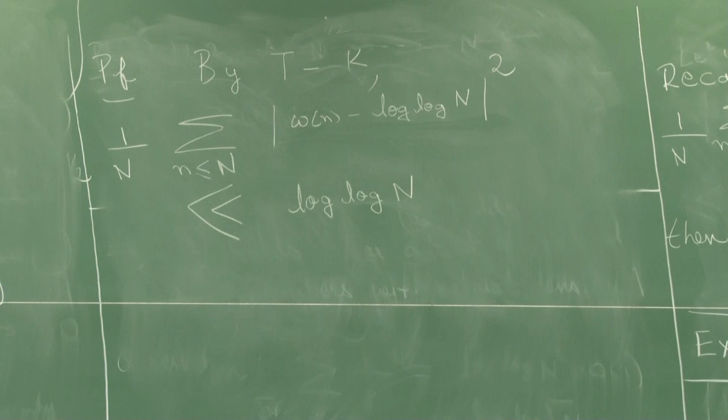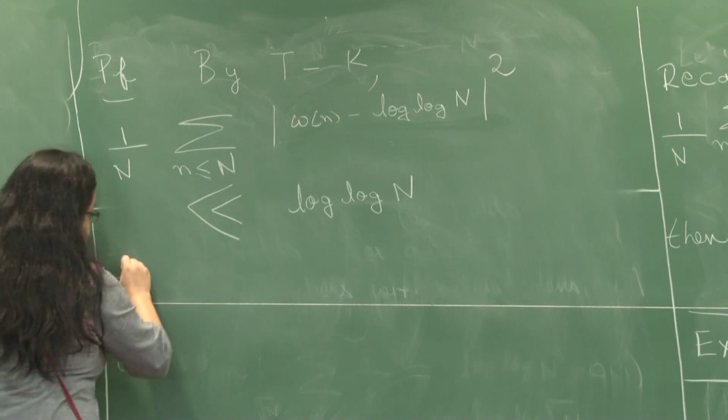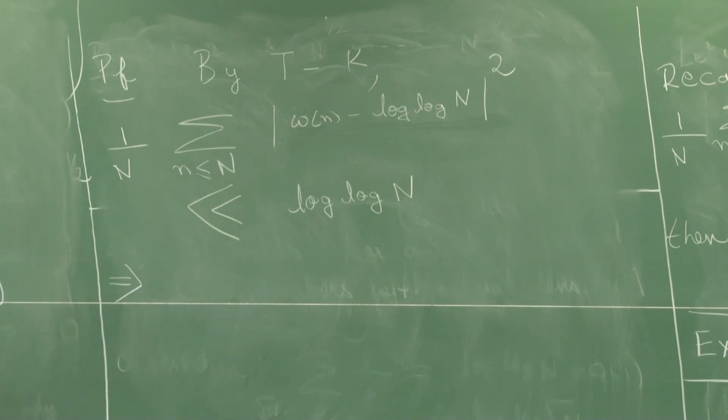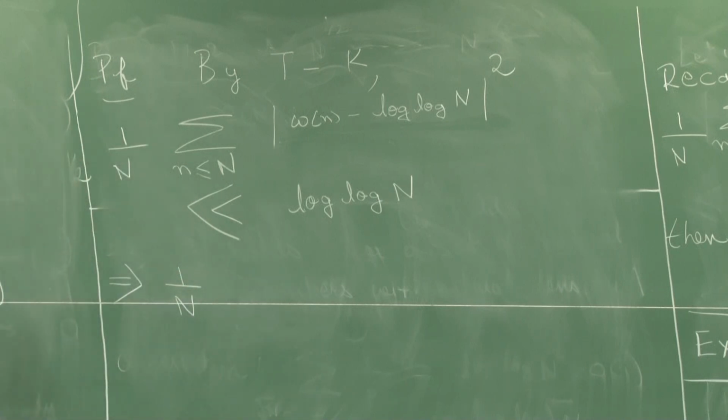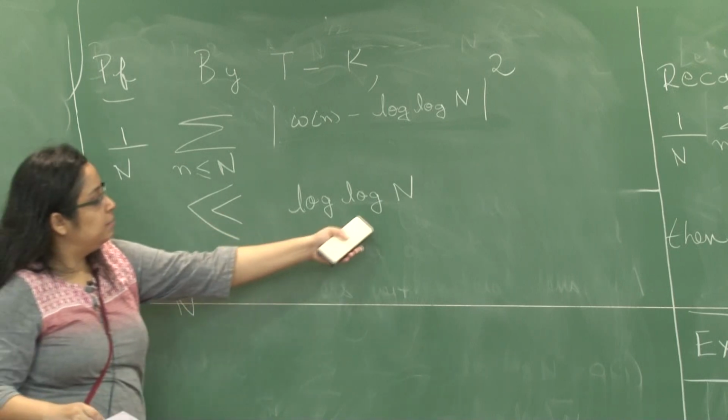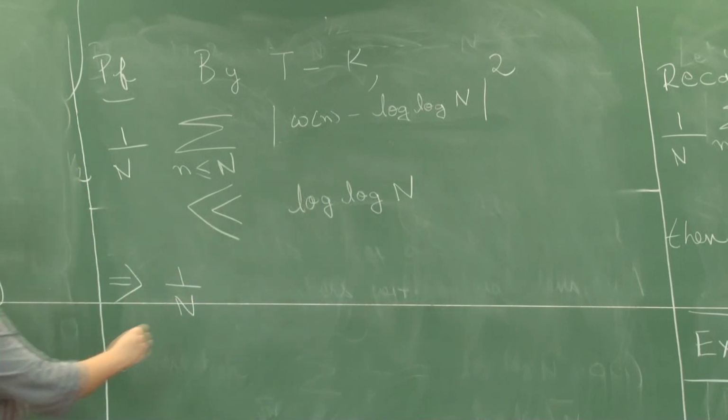So in other words, what this is telling you is that 1 over n, suppose I bring this back to the left hand side.